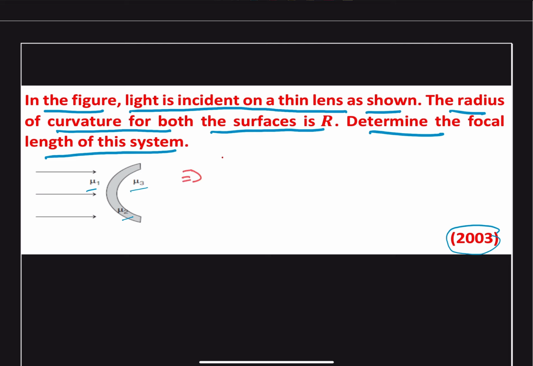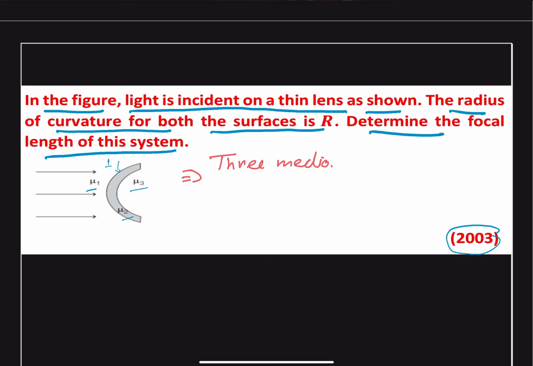So this entirely is going to have three media, and the light enters from a medium with refractive index mu1, the lens has refractive index mu2, and light exits into the medium with refractive index mu3. So first the refraction is going to take place at the first surface. This lens is given as thin, so it is going to have two surfaces.